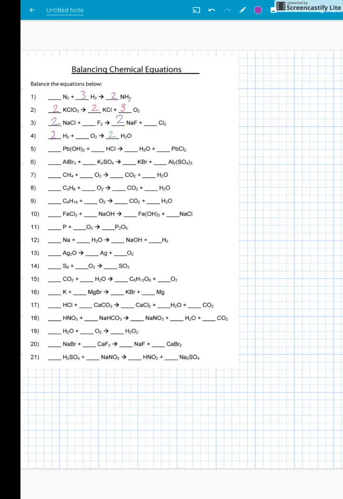Okay, a little bit harder problems. Pb(OH)2 plus HCl. So that means we have 1 Pb, and then this 2 is going to distribute to the O and the H, so it's 2 O's, 2 H. And then if we continue, we have 1 more H, so that's 3 H's, and then 1 Cl.